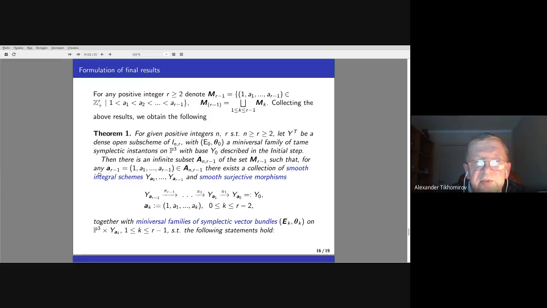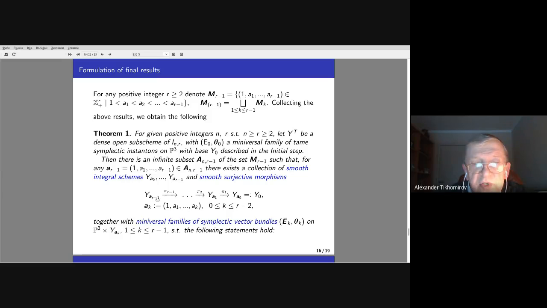smooth integral schemes, which I denote by Y_A0 up to Y_A r minus 1, and smooth surjective morphisms.